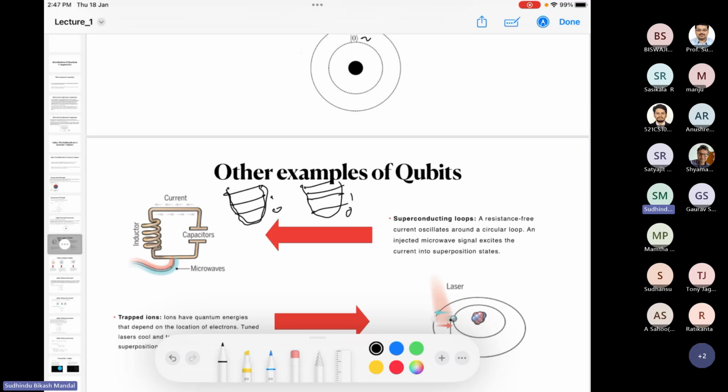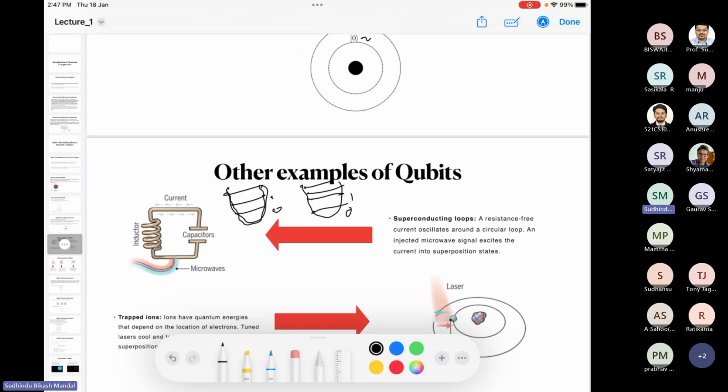To design this pulse, we need many electronics engineers, because there is an FPGA toolbox. From this FPGA toolbox we generate signals with different frequencies, and we need some amplitude modulation, because the signal is generated at low frequency. But to change the state of the qubit, we require high frequency, so we need to convert it into gigahertz frequency. So we need a mixer toolbox. By using this mixing toolbox, we enhance the signal.